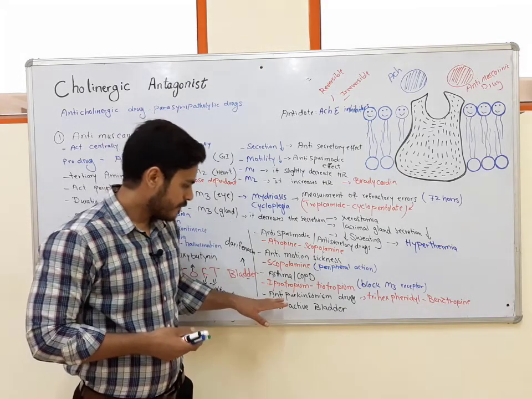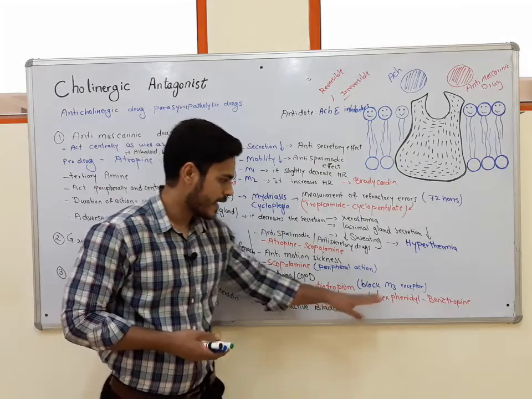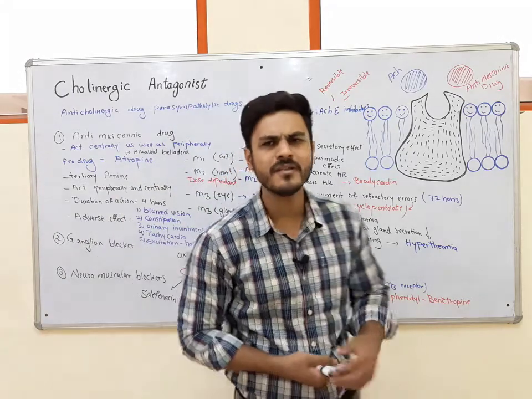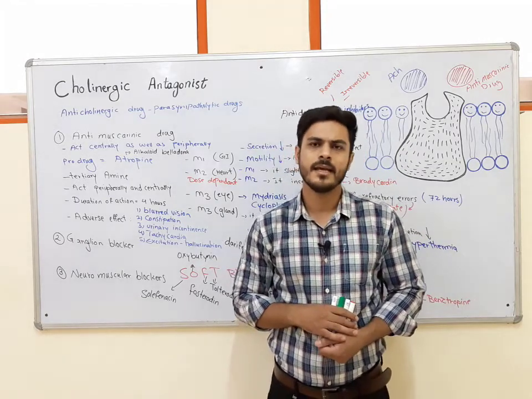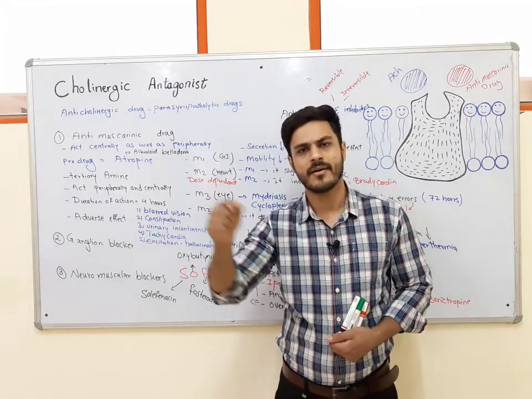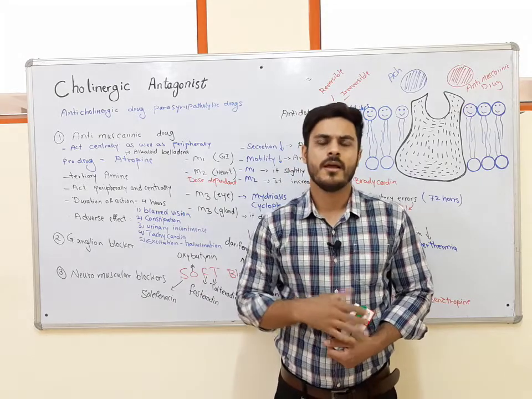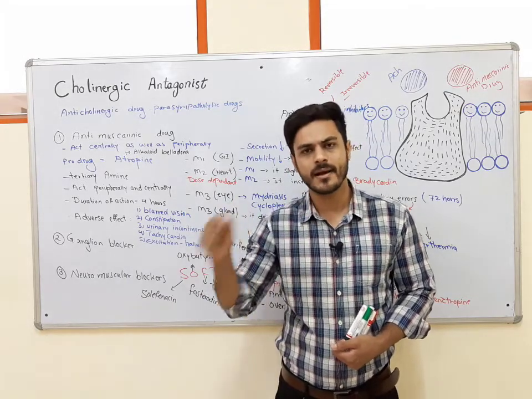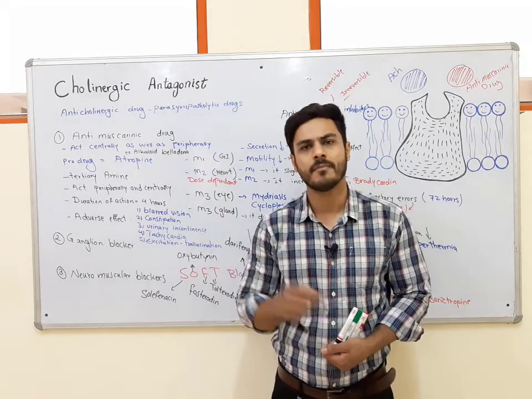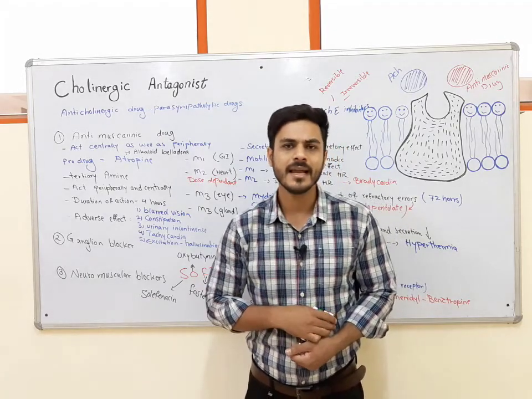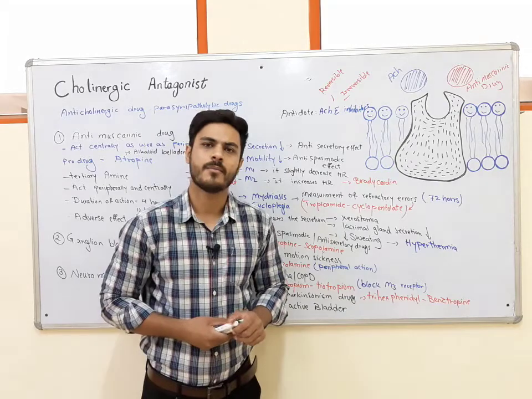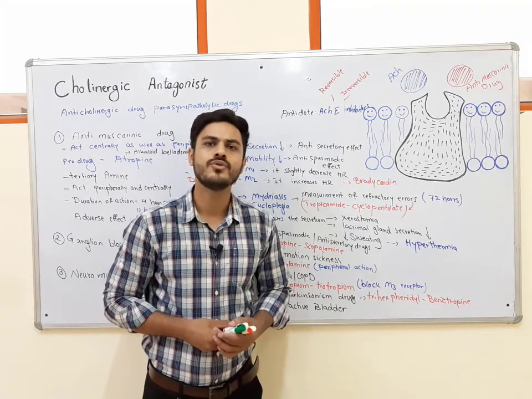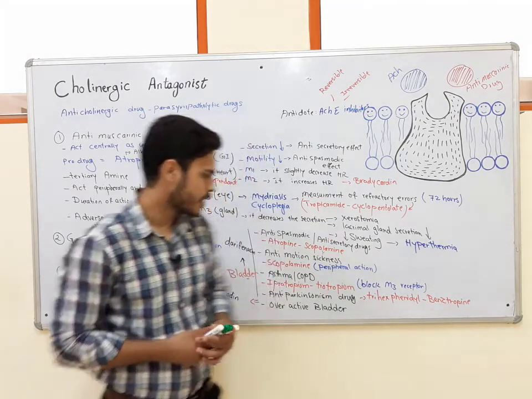Another indication for trihexyphenidyl and benztropine: one of the side effects of antipsychotic drugs is extrapyramidal syndrome. In extrapyramidal syndrome, we have Parkinsonism, and we can give these drugs for treatment of Parkinsonism due to antipsychotic drugs also.